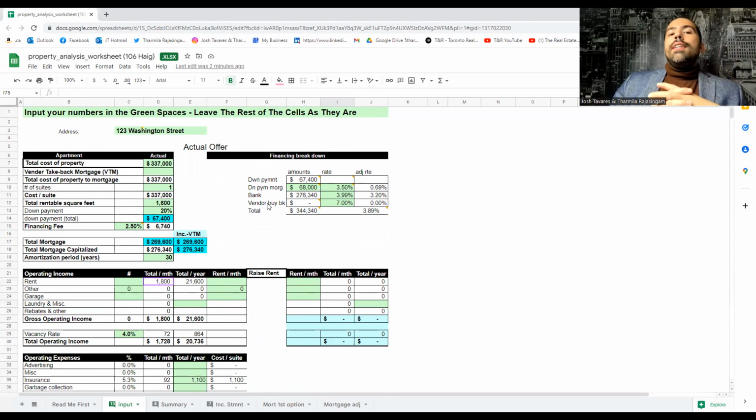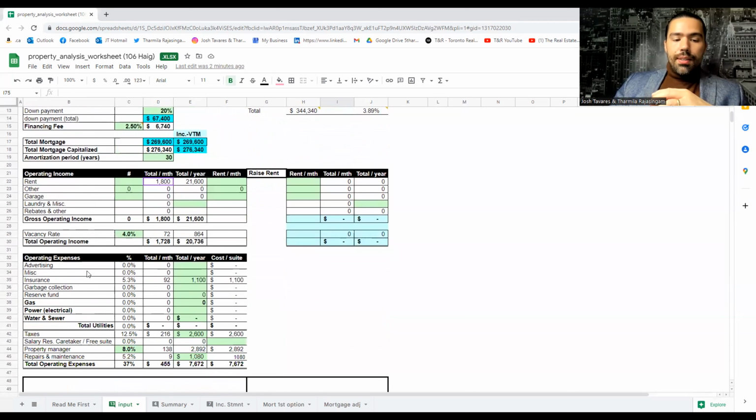You might find information saying utilities may cost this much or property tax might be this much, but it could be from 10 years ago, and everything has substantially gone up in price. So one thing I highly recommend, especially when determining these operating expenses, is speaking to investors who actually invest in the area. Go about reaching out to even the city to find out roughly what property tax is in the area.